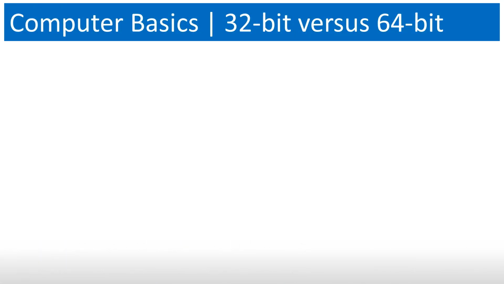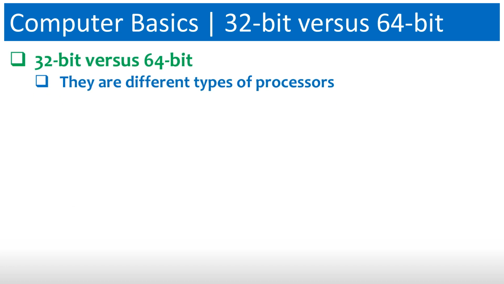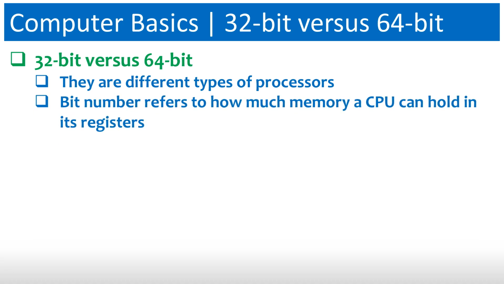Another thing to understand is the difference between 32-bit versus 64-bit. There are different types of processors that are sometimes referred to by the bit numbers of how much memory a CPU can hold in its registers.